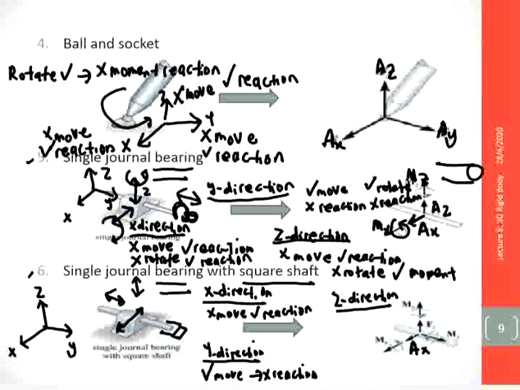Because it's already fixed with this bearing, so it cannot move. There is a reaction in the z-axis. So there is Az here. Okay. And then we look at the rotation.